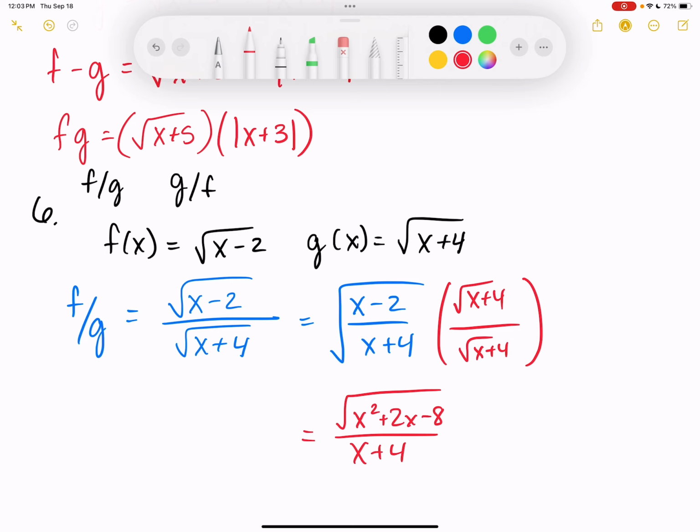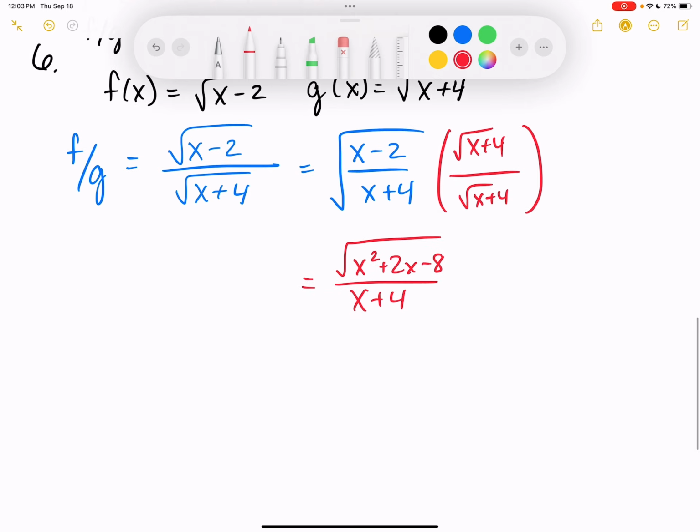Actually, technically the bottom one, it could be 0. So greater than or equal to 0, or no, greater than 0. Then the top one I would have to do greater than or equal to 0, and I'd have to find the domain. We're not going to do that. I'm just letting you know how you would do it if you were going to. We're going to skip that part, because there are more important things in this section than this. This is not going to be a direct question on your AP exam.